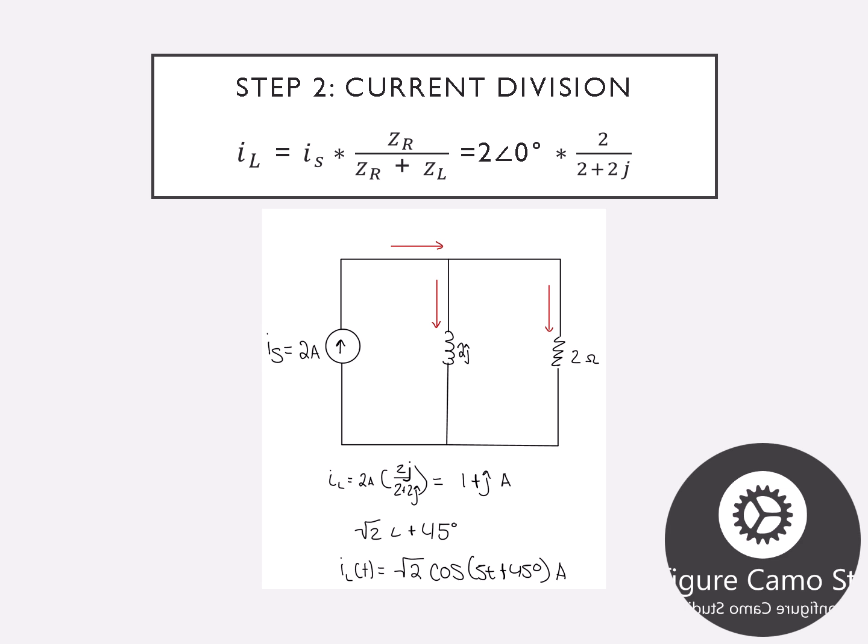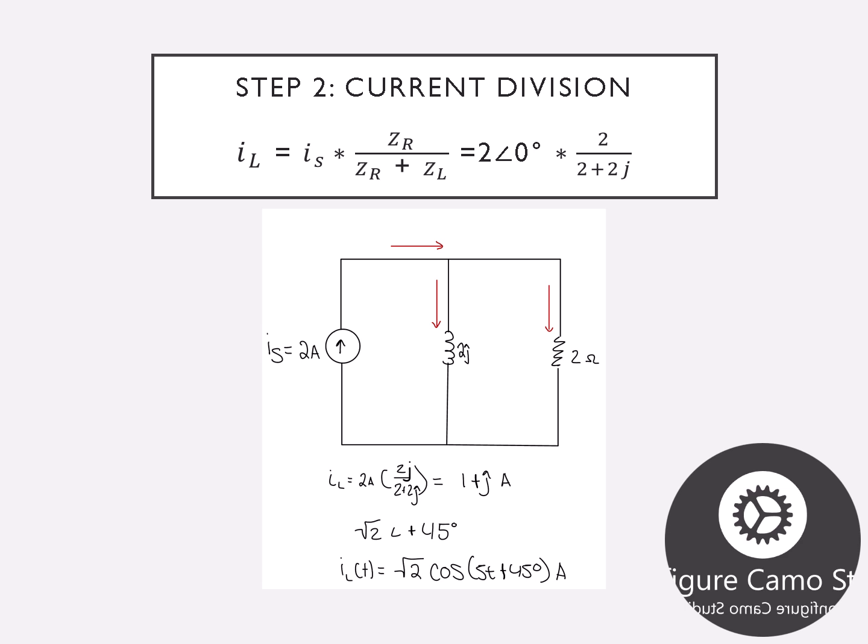If you take the magnitude, 1 squared plus 1 squared, that is equal to the square root of 2, at an angle of 45 degrees. The 45 degrees comes from the arctangent of the imaginary over the real, which is 1 over 1, giving 45 degrees.